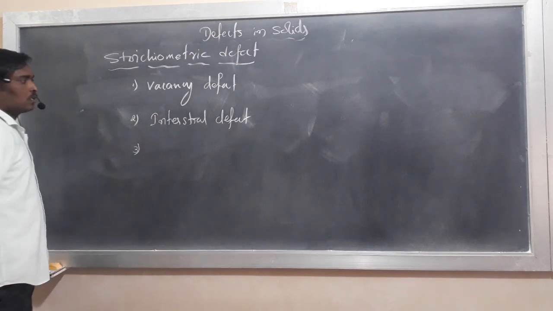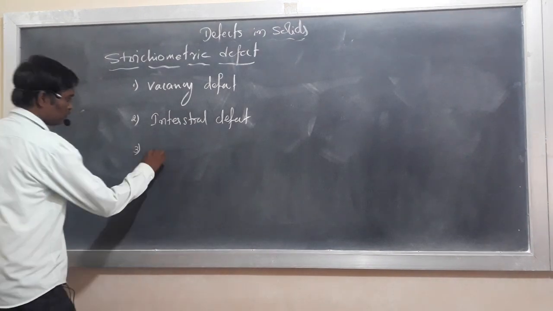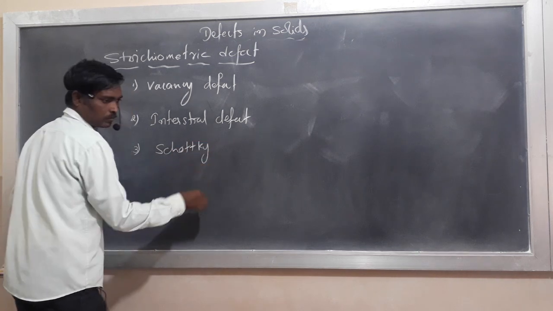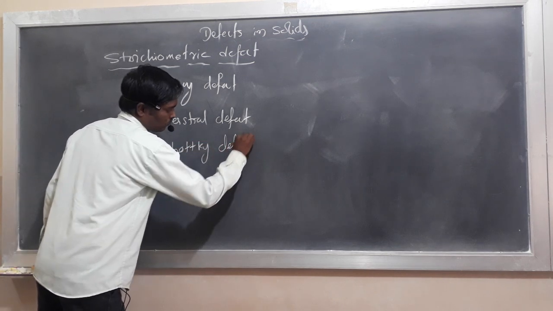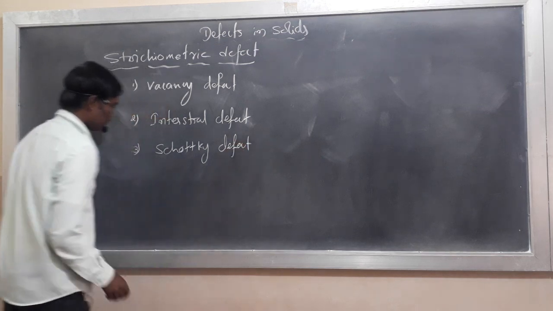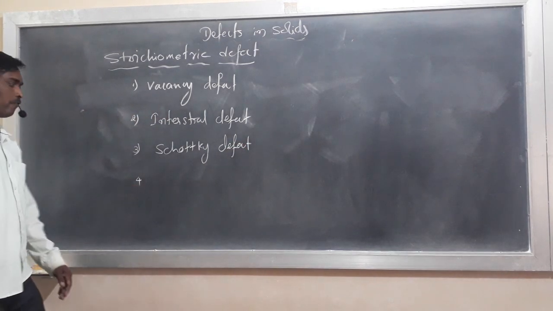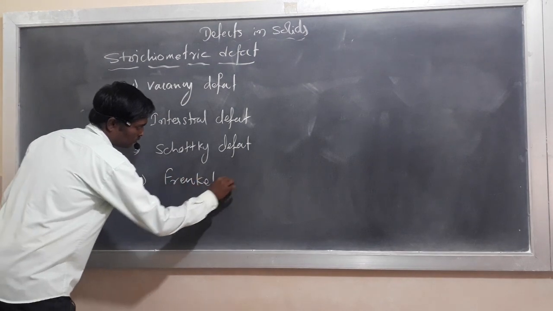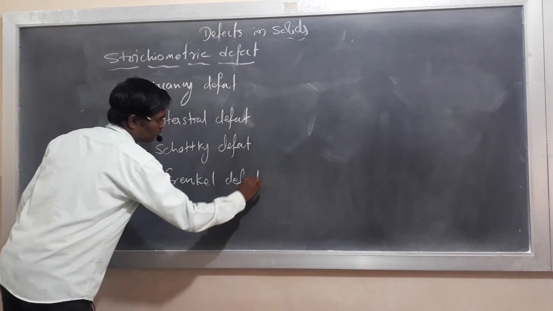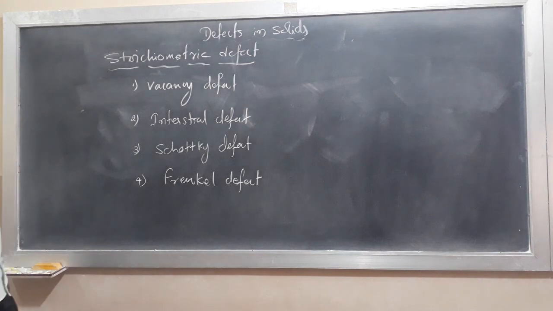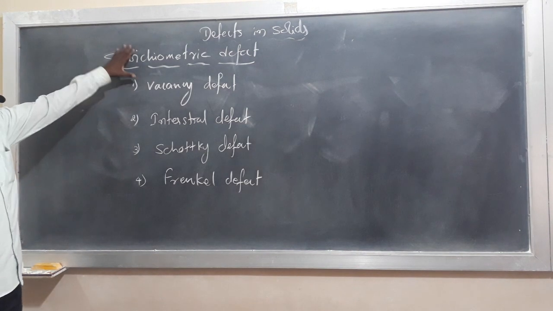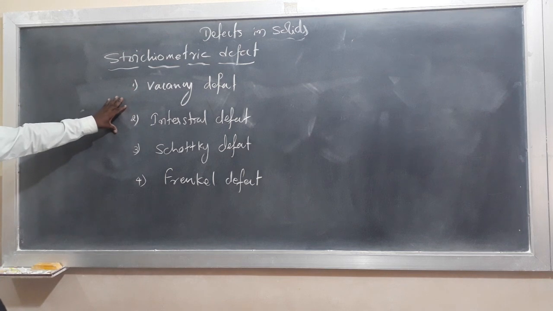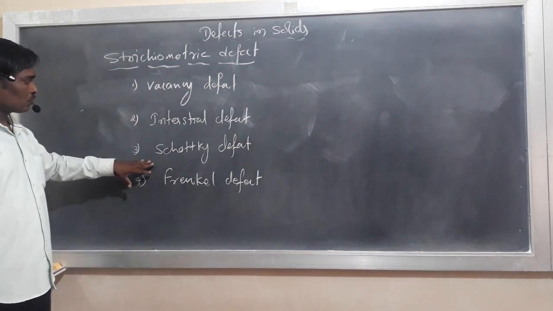Third one is the Schottky defect. Fourth one is the Frenkel defect. Like that, there are four types of stoichiometric defects: vacancy defect, interstitial defect, Schottky defect and Frenkel defect.